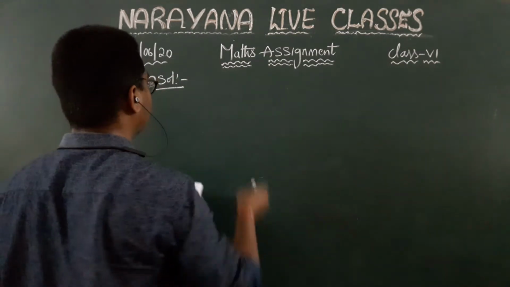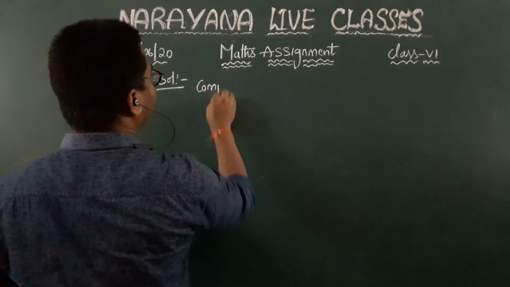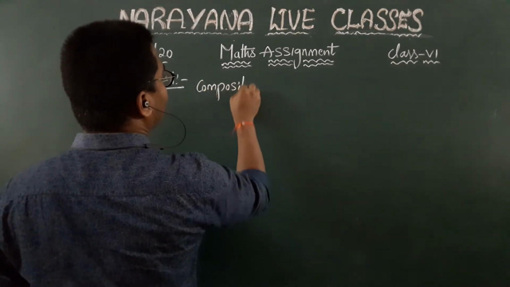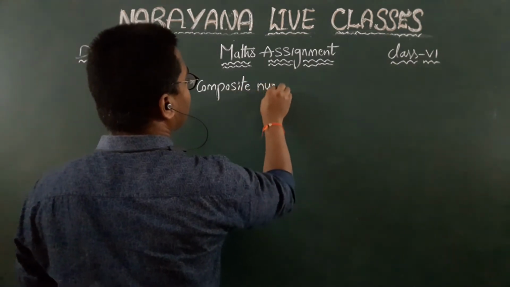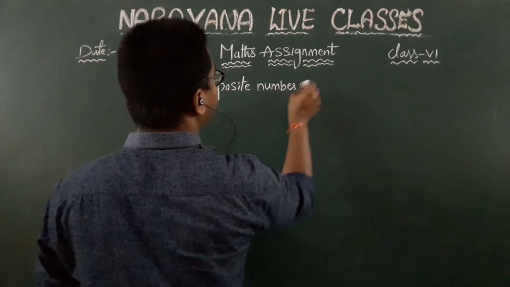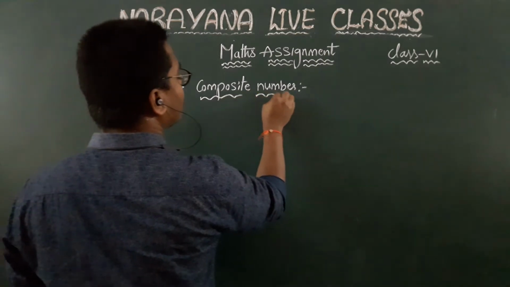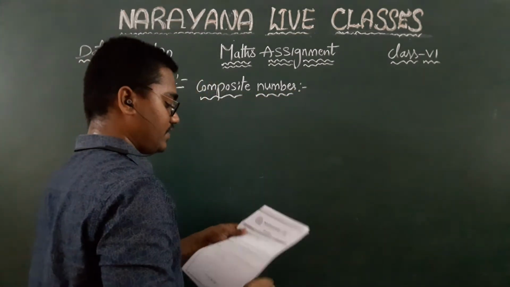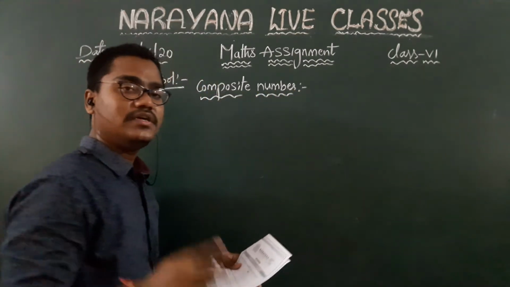so I'll write the definition over here. Composite number. So a composite number can be defined in two ways, children.